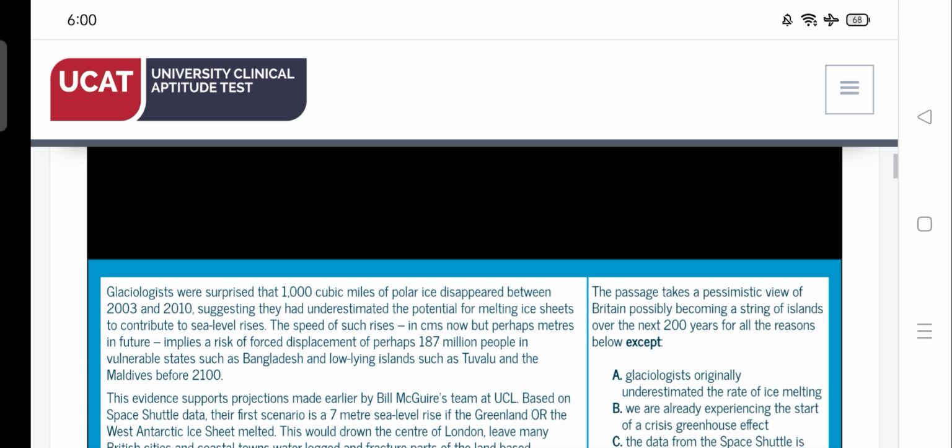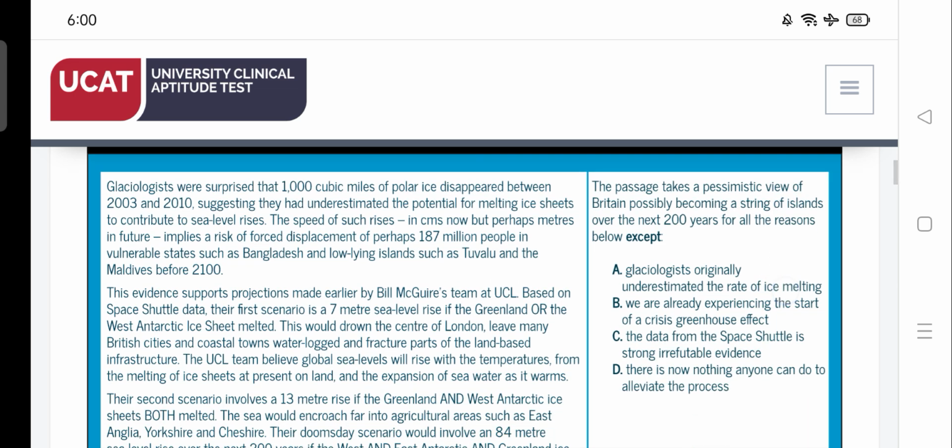So here we have an example. The statement is: the passage takes a pessimistic view of Britain possibly becoming a string of islands over the next 200 years for all the reasons below except... Now there we have four options.